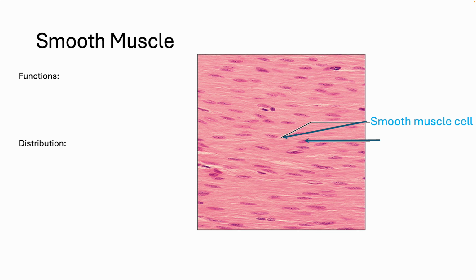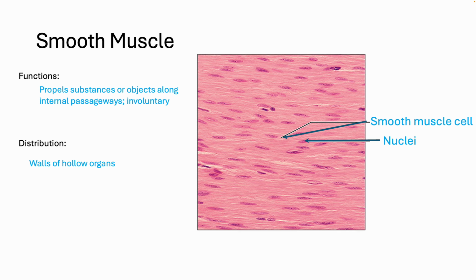It lacks striations, and generally you are going to find it in organs, especially the walls of hollow organs, so arteries, veins, the digestive tract, the respiratory tract. It helps to propel substances or objects along these internal passageways. And as I mentioned, it is involuntary.